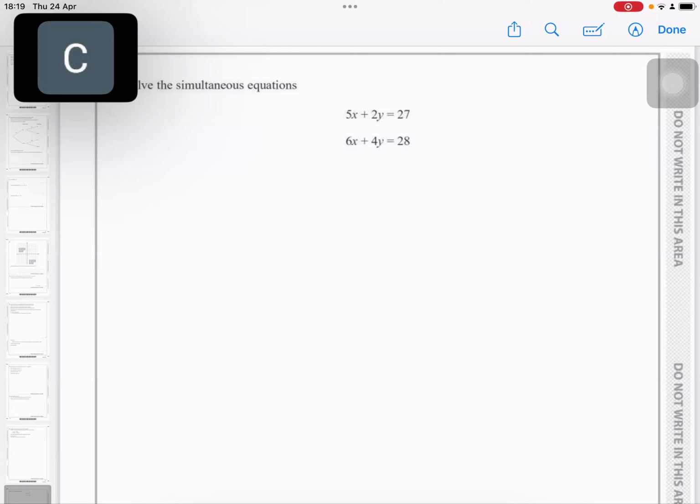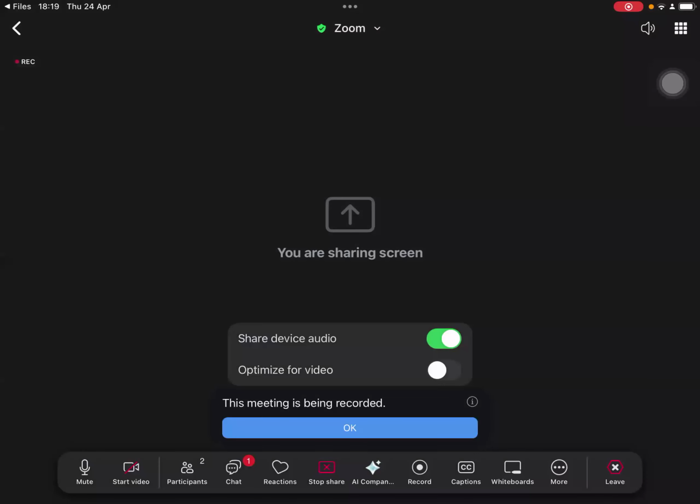No. I sent it to you. The chat box on Zoom. Okay, so you have to stop sharing, right? Yeah. Okay. All right, so can you see it now? Okay, so could I go on now?